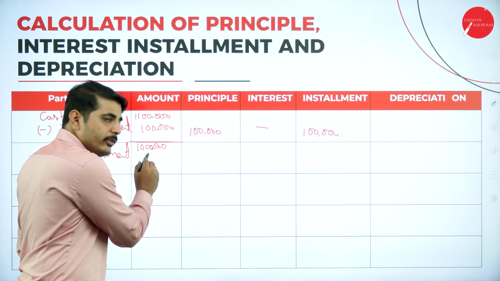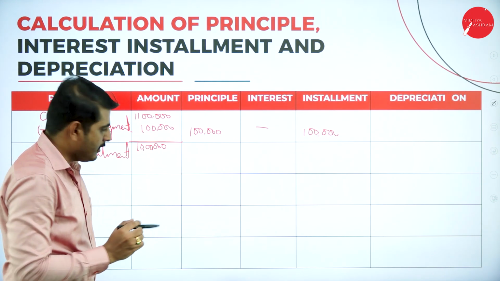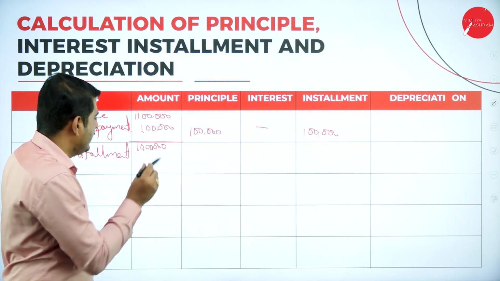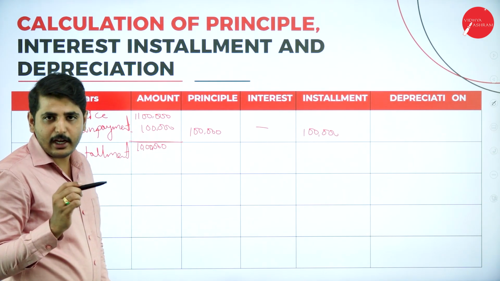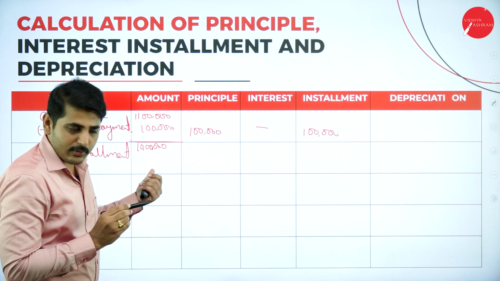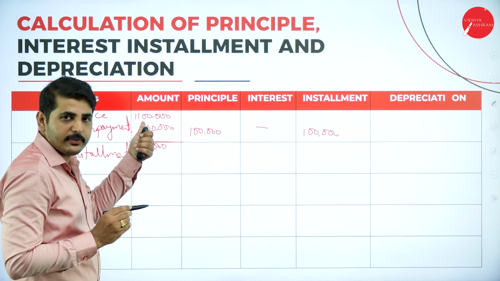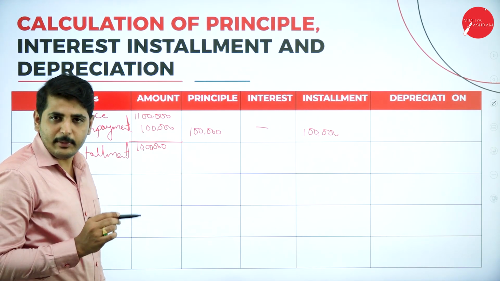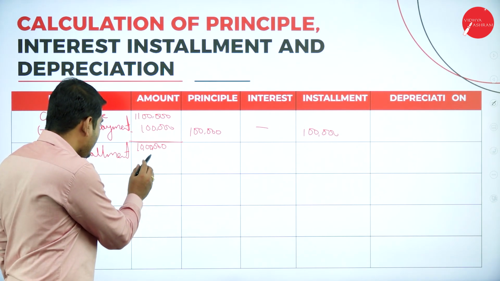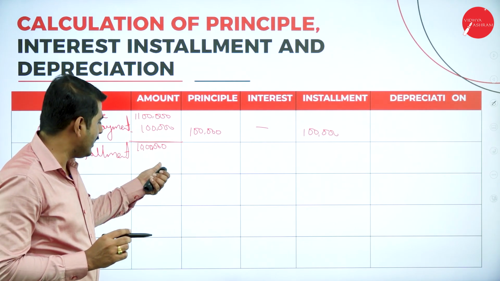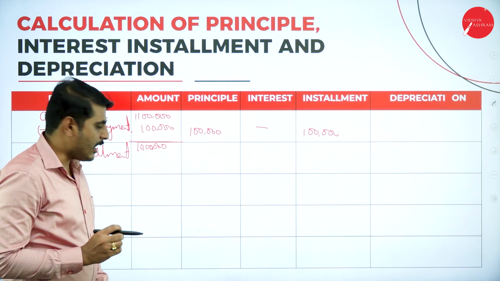What is the amount we owe to the Tata company? 10 lakh is due to Tata company. So we have to calculate the interest on 10 lakh, not on 11 lakh. I hope you are clear. We are calculating interest on 10 lakh, the remaining amount. The actual cash price of the car is 11 lakh, but we have already paid 1 lakh rupees while purchasing the asset. Remaining is 10 lakh. At the end of the year, we have to calculate the interest on the balance amount.